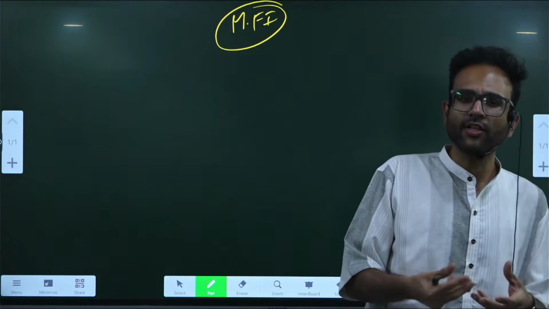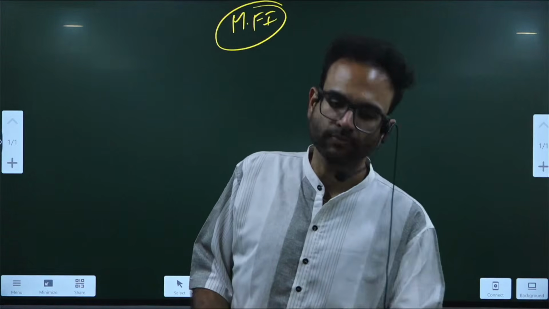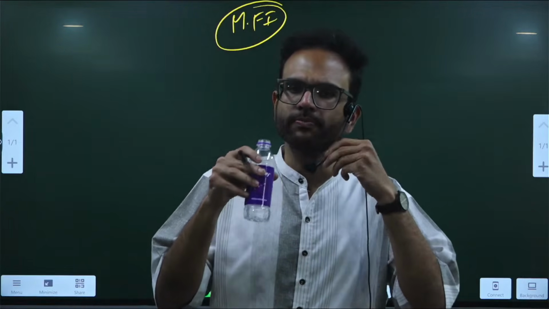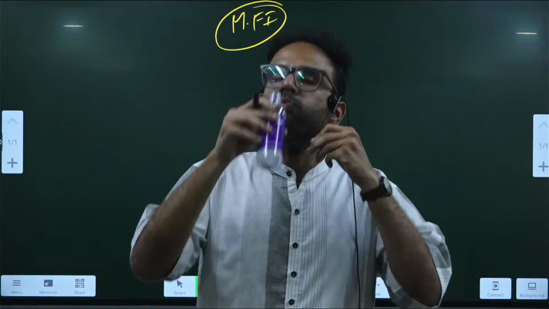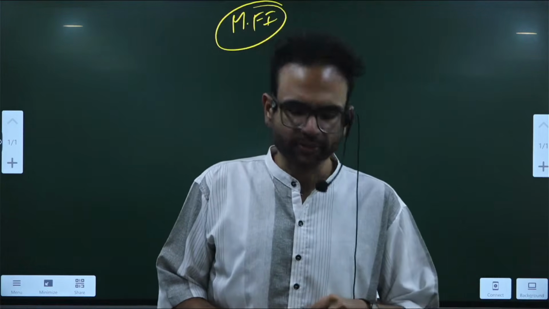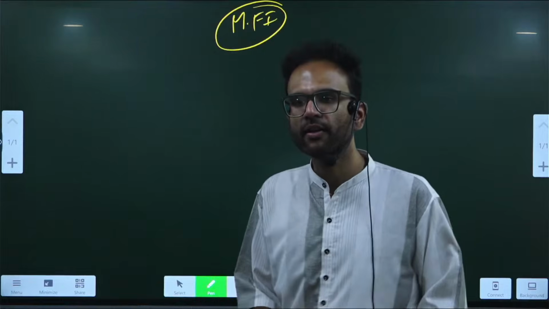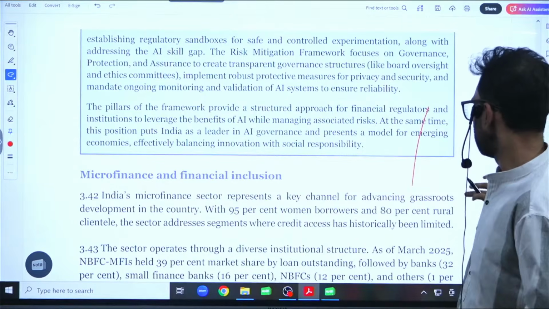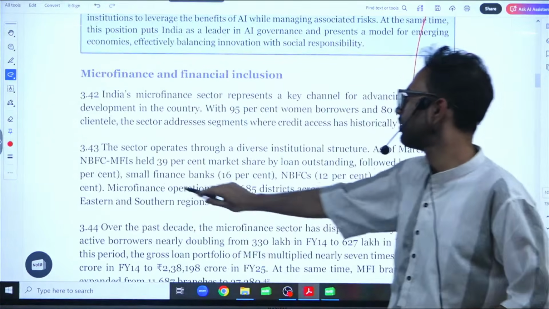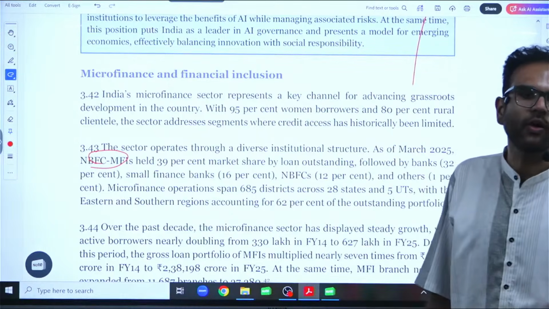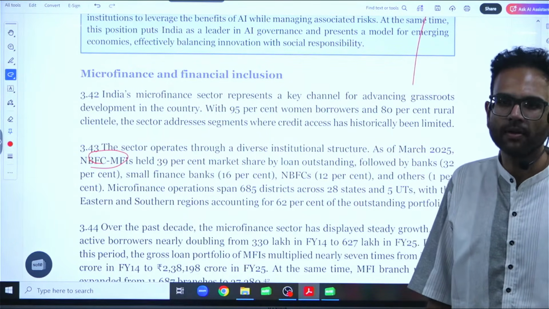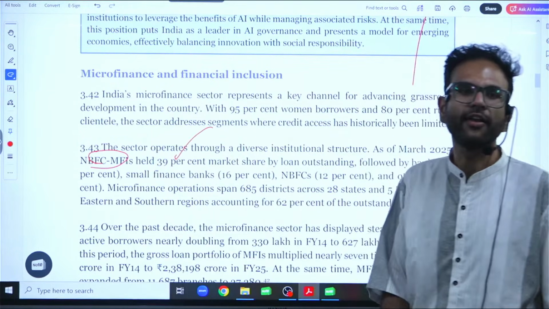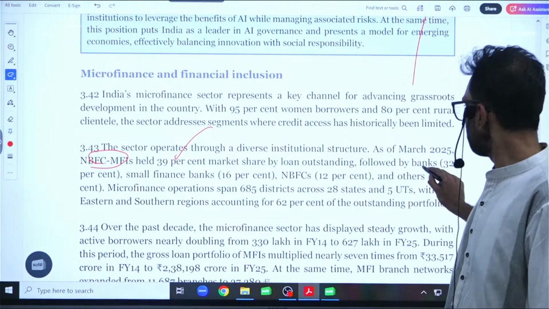It is a technology layer or technology provider. Here is where most of the data says maximum NBFCs. NBFCs will actually have more market share here, followed by banks.